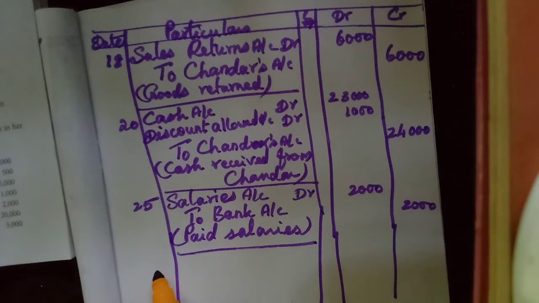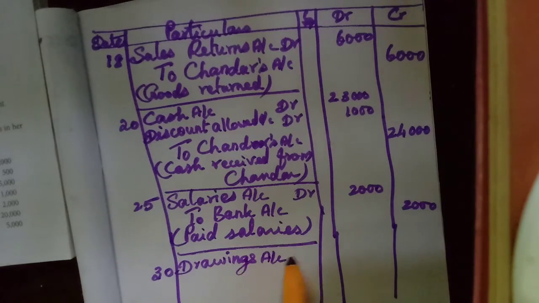Then the last one, 30. Sasi Kumar took goods for personal use. So he is not taking cash, he is taking goods. That means we should credit the purchases. What should be debited? We know for personal use we have to debit drawings account.